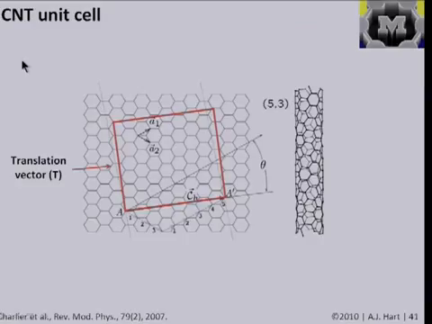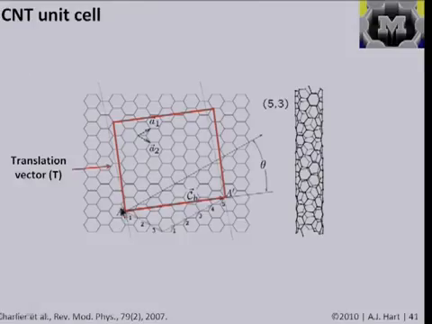Recall that in the case of the simple cubic lattice, that simple cube is the unit cell. Well, we have a unit cell in the case of the nanotube, the smallest segment of the nanotube, for which you could copy it 1,000 times and stack them end to end and get the correct nanotube.